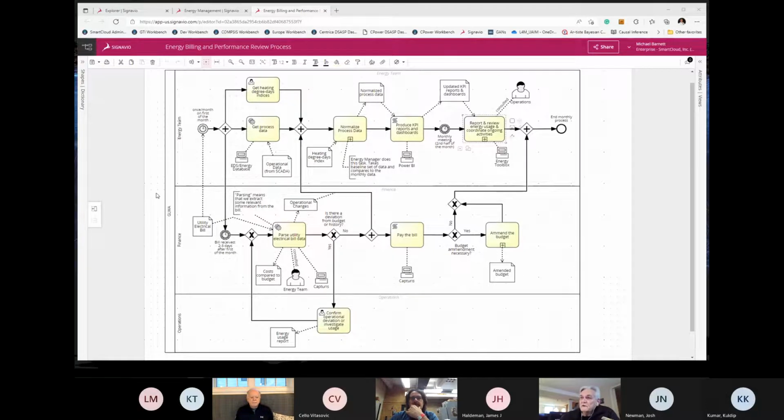So recall what Eric had done for GLWA is there are three roles, swim lanes defined in it, with the energy team at the top, and then finance and operations. And just as an intro to the tool that we're using here, recall that this is business process modeling notation.